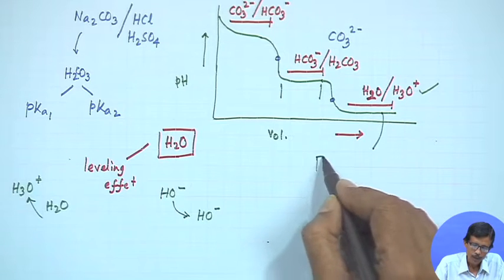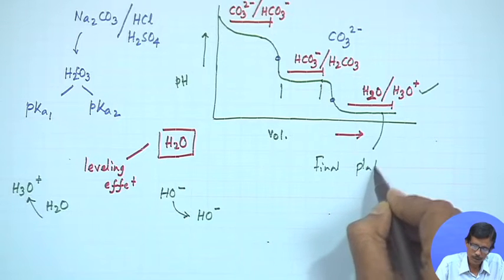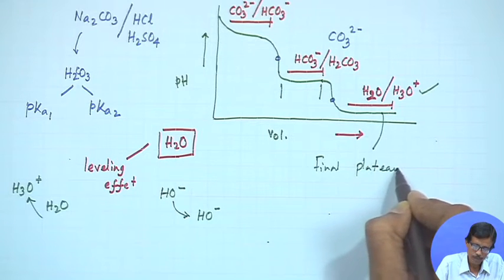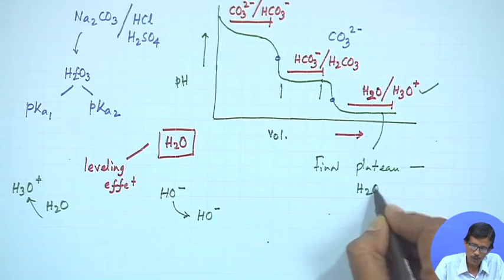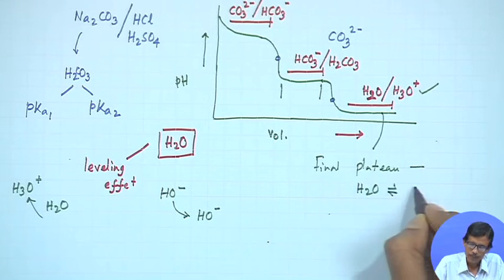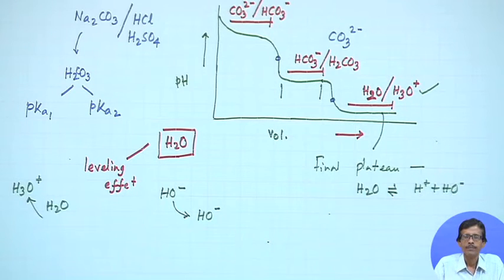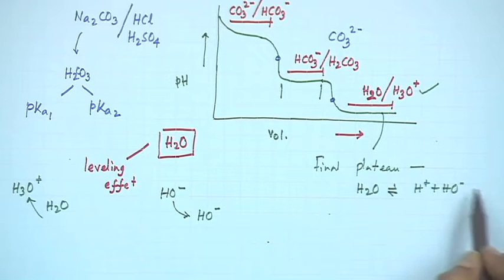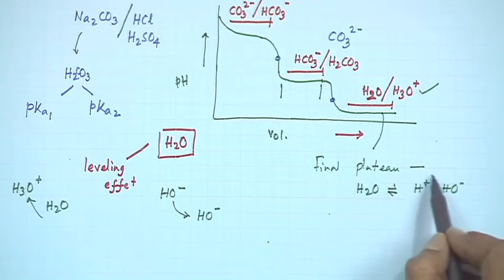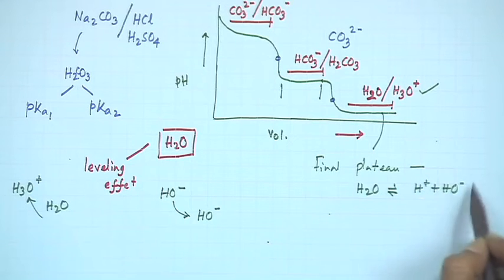So, the final one is governed by the corresponding equilibrium of your water, H plus plus HO minus. That is why you see that you can give due consideration to the corresponding H plus and the hydroxide ions.